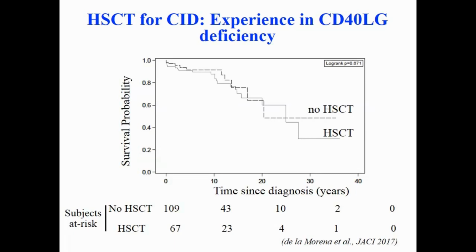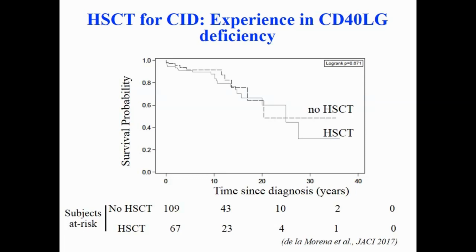Because overall, they don't do better than the patients that didn't receive transplant, right? That could be the conclusion. This is based on the total cohort of patients, 109 that did not receive transplant, 67 that had been transplanted. But this is over a long period of time. You see some patients here are 30 years since diagnosis. So how are things evolving?